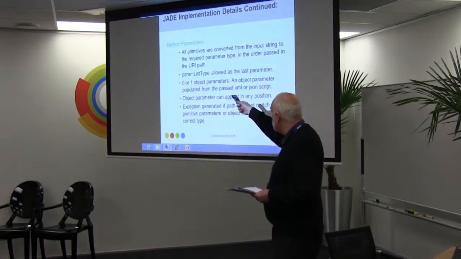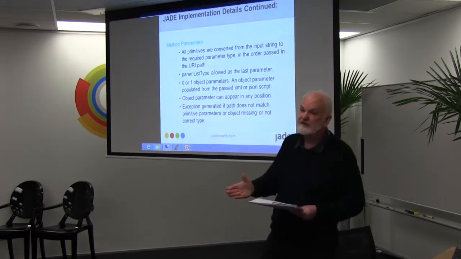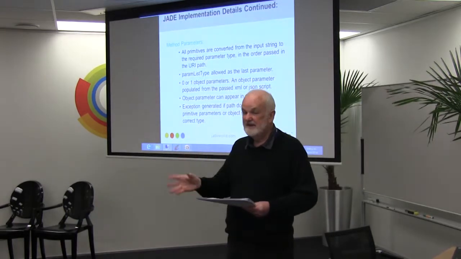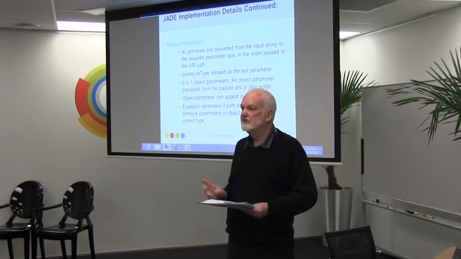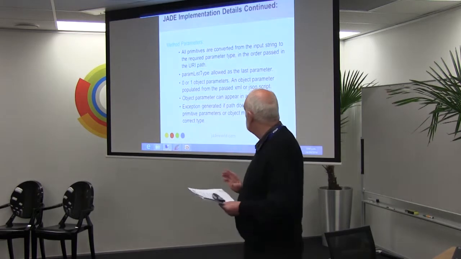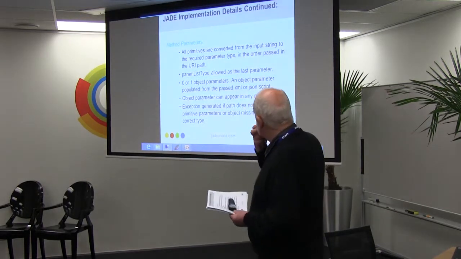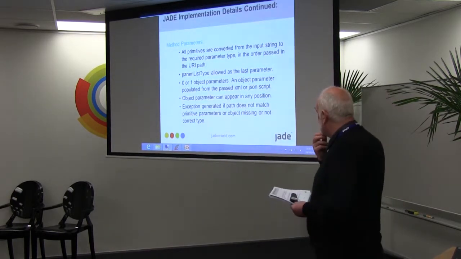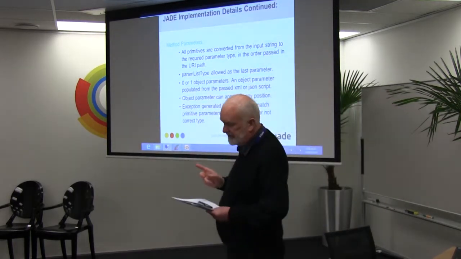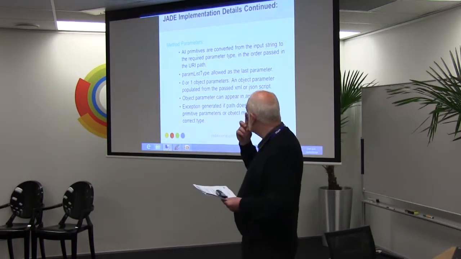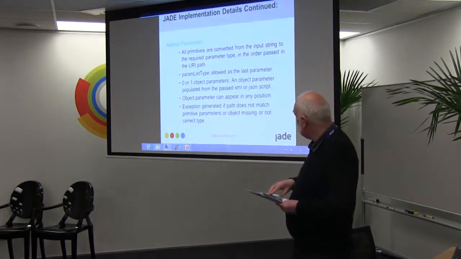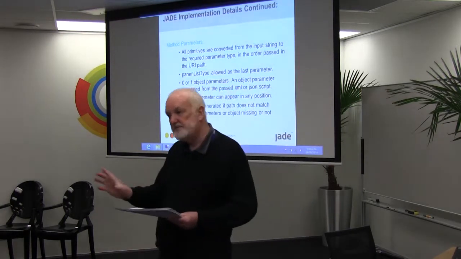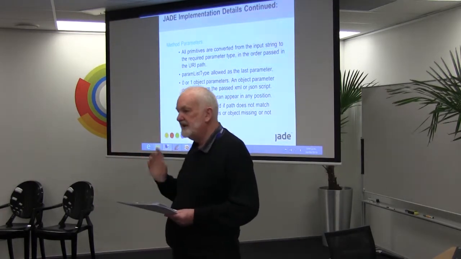You can have a parameterless type, so that means you could have a method that has a variable number of parameters, and the parameterless will be strings, of course, because we don't know what type they are. 0 or 1 object, and that object can appear in any position in the parameter list, except after a parameterless type, of course. If the URI that is received doesn't match the signature of the method, then you get an exception.